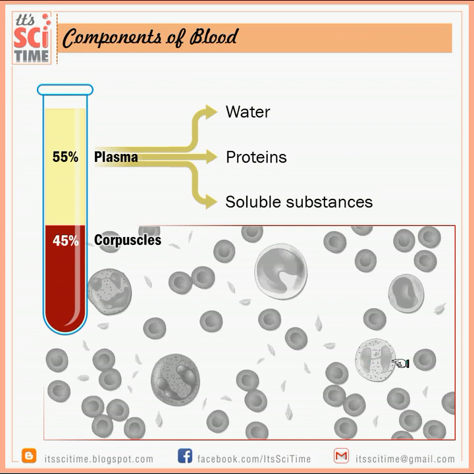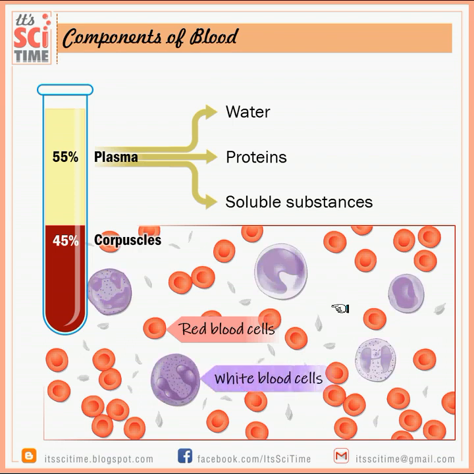See these ones. Out of these corpuscles, around 90% are the red blood cells. You can see them here. And the number is less in the other type. This type is called the white blood cells. Their number varies according to our body situation.